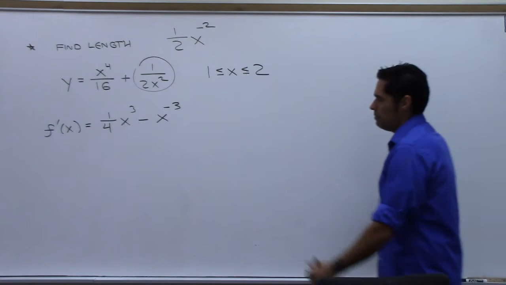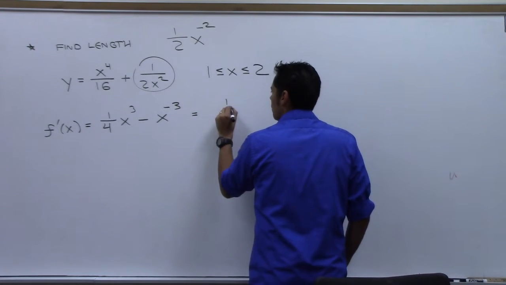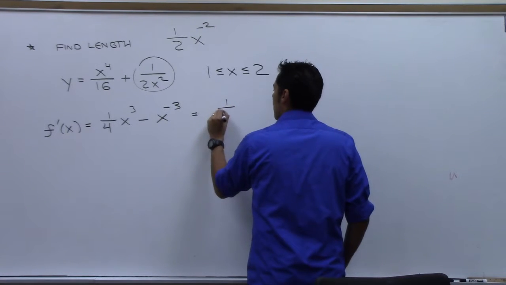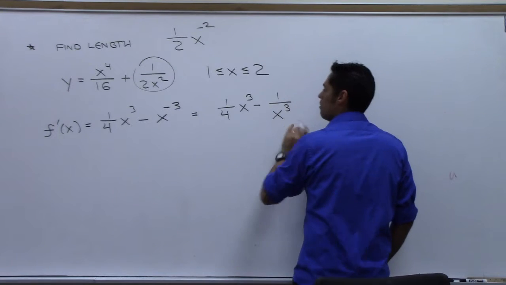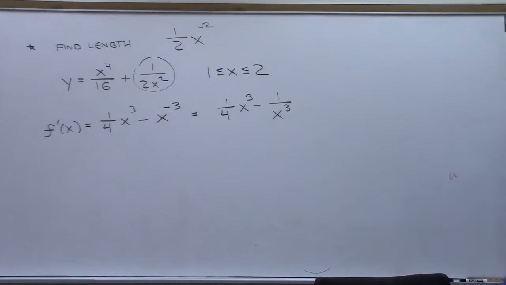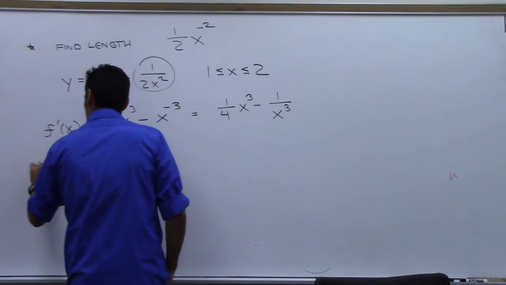No questions? Now, I'm just going to write this a different way, even though you don't have to do this. I just want to make sure we're all clear that this is the same thing. What are we supposed to do with that? Square it. Let's get that out of the way now.